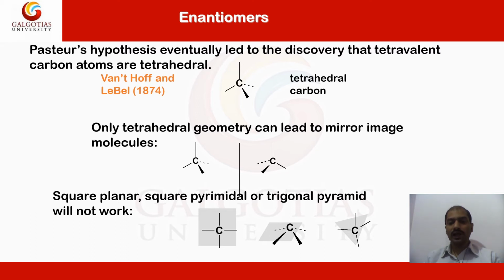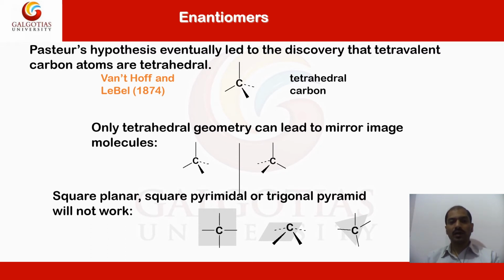The thick line represents a group above the plane; if it is methane, then the hydrogen is above the plane. These two weak lines are in the plane, and this is the rear side of the carbon atom.